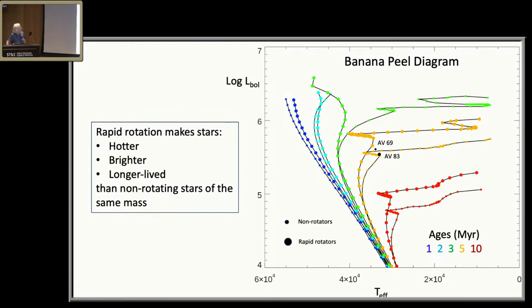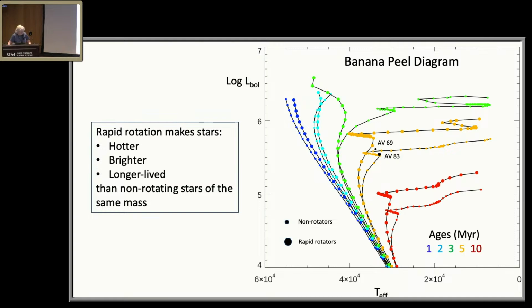So, first of all, what happens with rapid rotation? Here I'm showing effective temperature against log of the luminosity. It is not an HR diagram. Alan Sandage called it the banana peel diagram for obvious reasons.